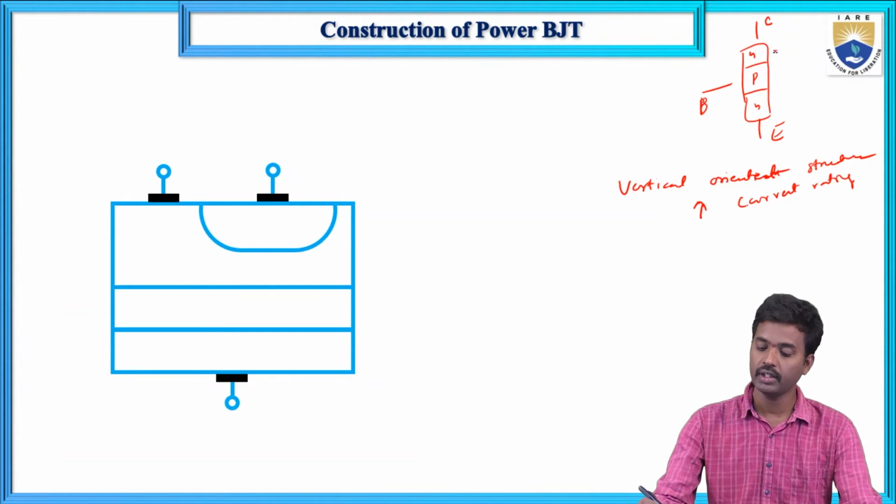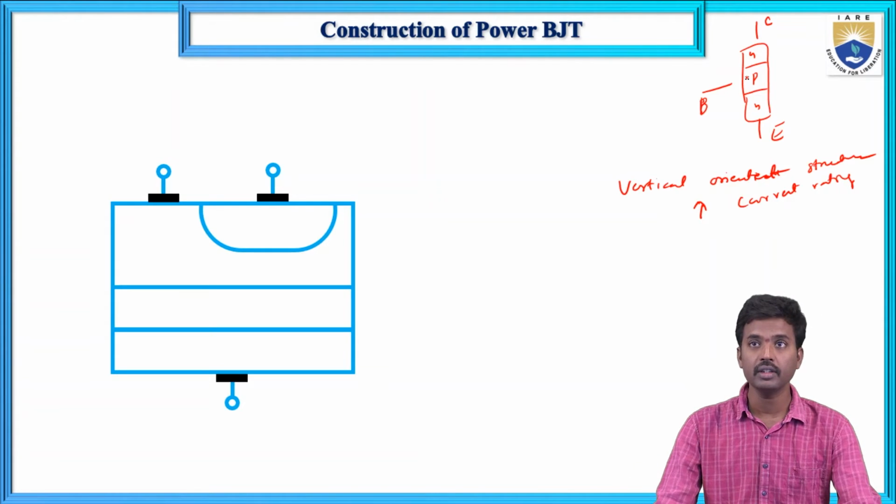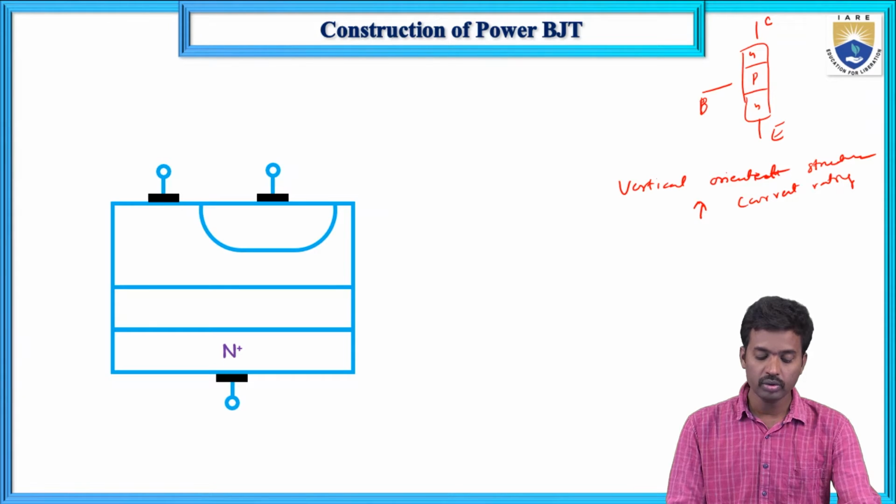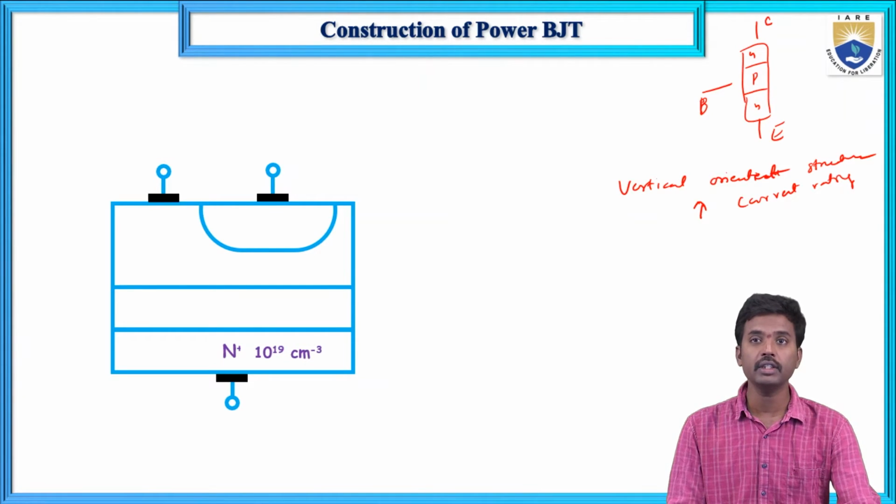In the conventional NPN the doping level is the same, but in the power BJT the doping levels are different. So first, the bottom layer is the N plus layer. It is a highly doped layer, with a doping level of 10 raised to the 19 per centimeter cube.